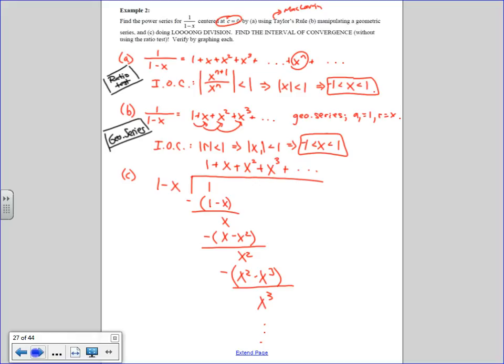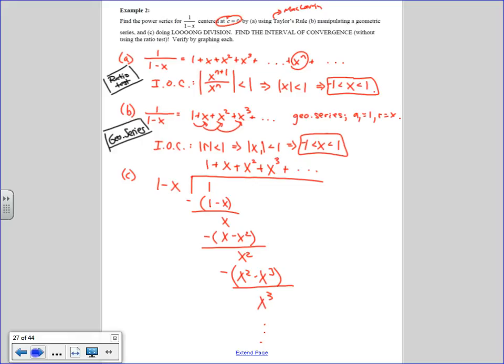Interval of convergence. How would you know interval of convergence? I don't think there's any way to really tell by the long division. When they said not using ratio test, they meant geometric series. We could do geometric series and not actually have to do ratio. So we can see it just as a Taylor polynomial and say, it converges, got the interval of convergence.